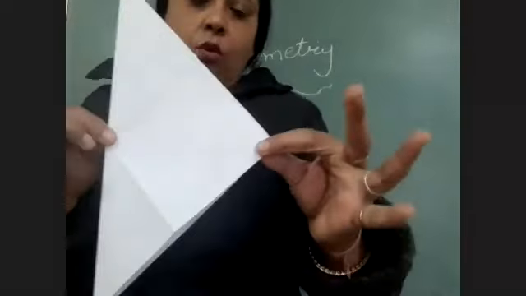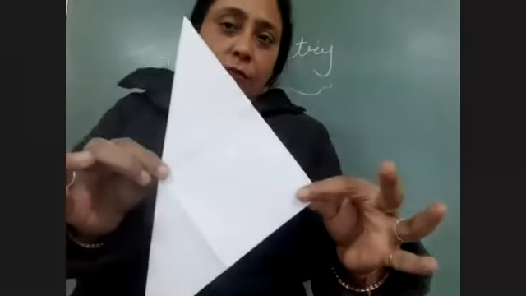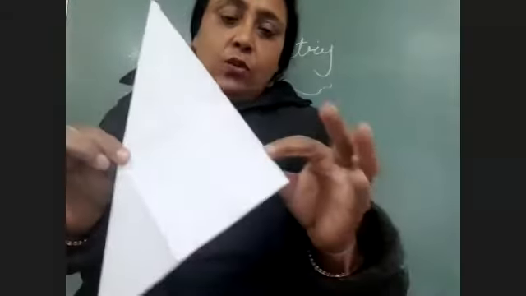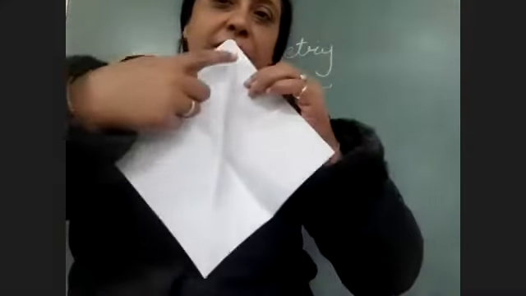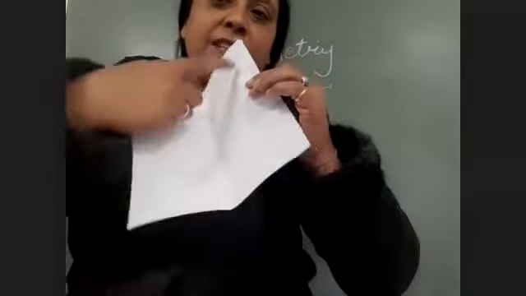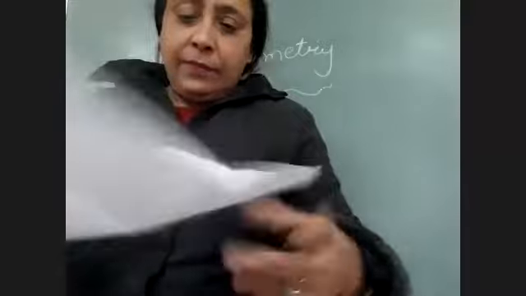Yes, friends, in a square, when we join the corners, you can see this paper is also divided into two equal parts. So the third line of symmetry is the diagonal line. Now the fourth line of symmetry is this.